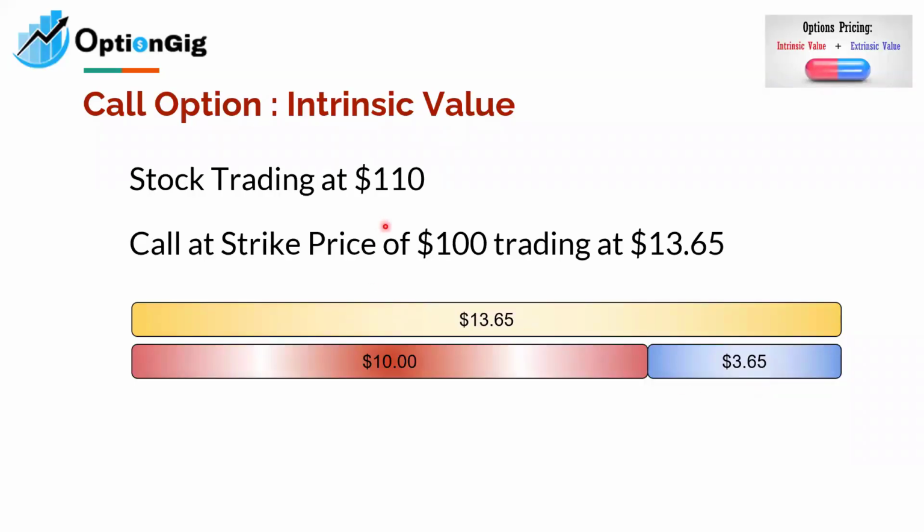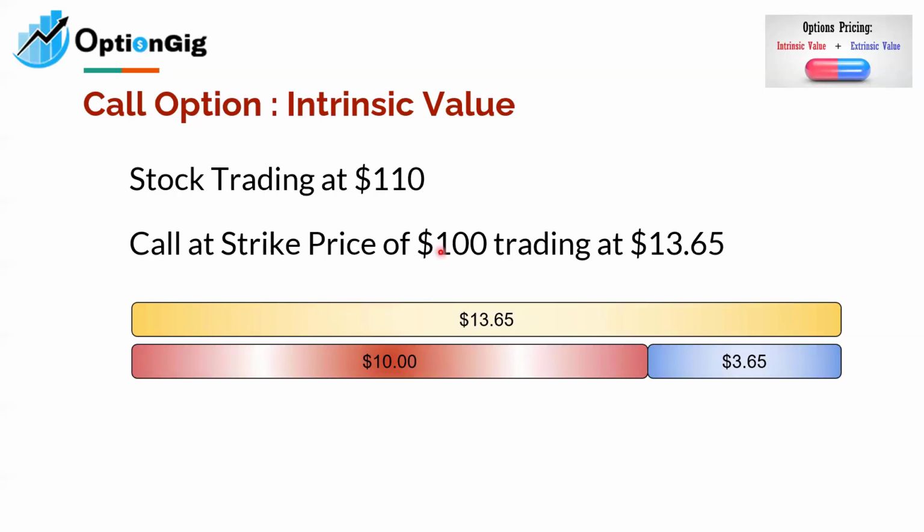Now, let's go back and try to understand why. If a stock is trading at 110 at expiration, and you're holding a call at a strike price of $100, how much money is this call option making for you? Obviously, it is $10. Because you can exercise your call, get the shares at $100 and sell them at 110.